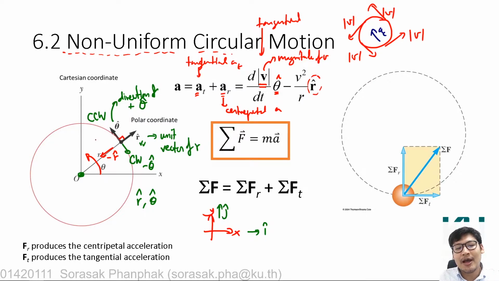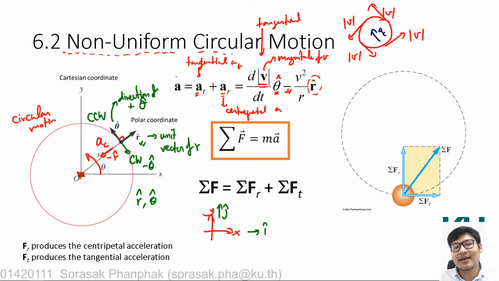As we know, the centripetal acceleration points inward toward the center of the circular motion. This is still a circular motion, and when the object moves like this, the minus sign expresses the inward direction. So we have the first term as the tangential acceleration a_t and the second term as the centripetal acceleration.